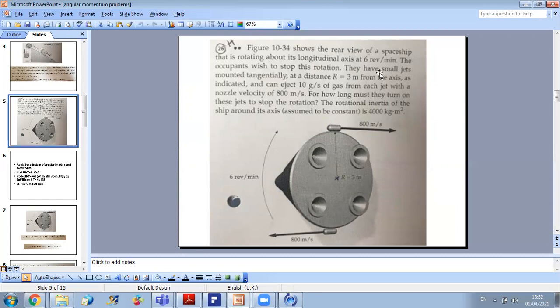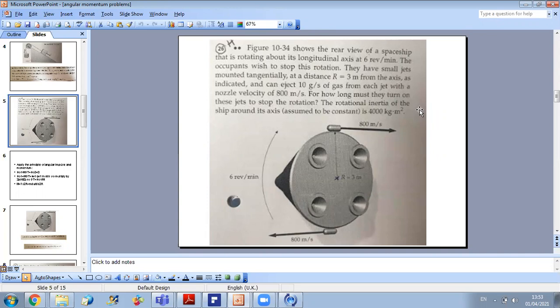They have small jets mounted tangentially at a distance of r equal to 3 meters from the axis, as indicated in the figure, and can eject 10 grams per second of gas from each jet with a nozzle velocity of 800 meters per second. For how long must they turn on these jets to stop the rotation? The rotational inertia of the ship around its axis is assumed to be constant.